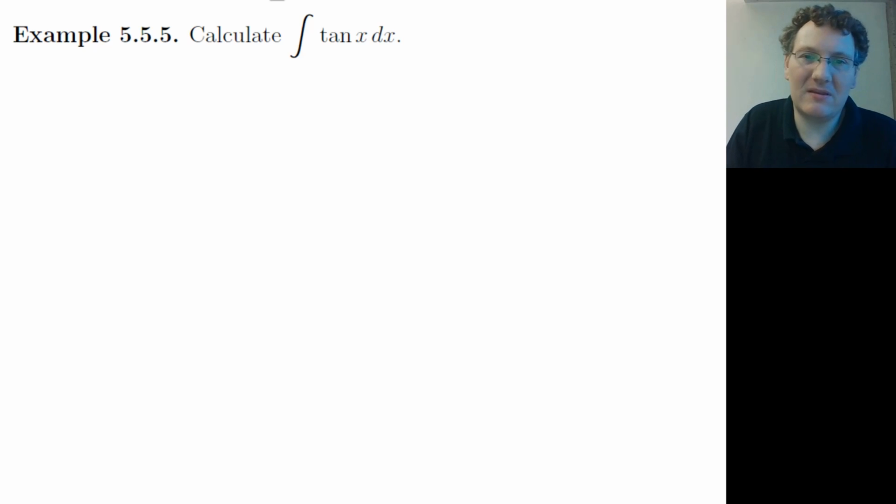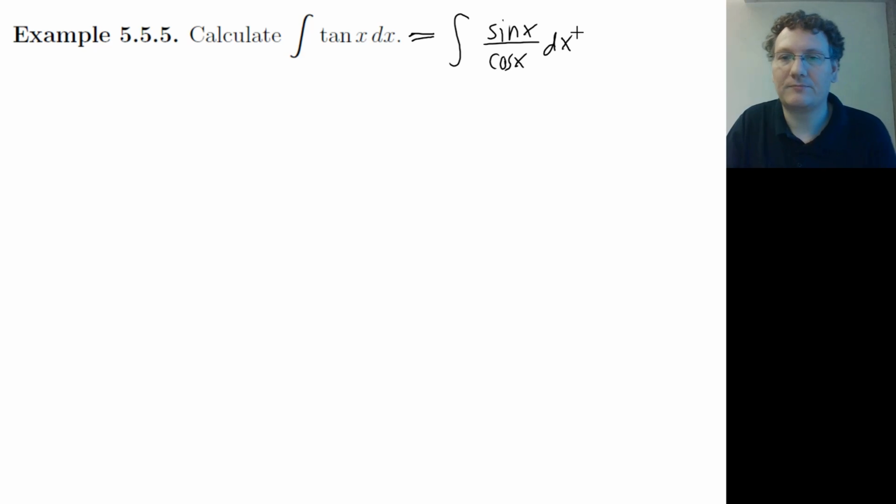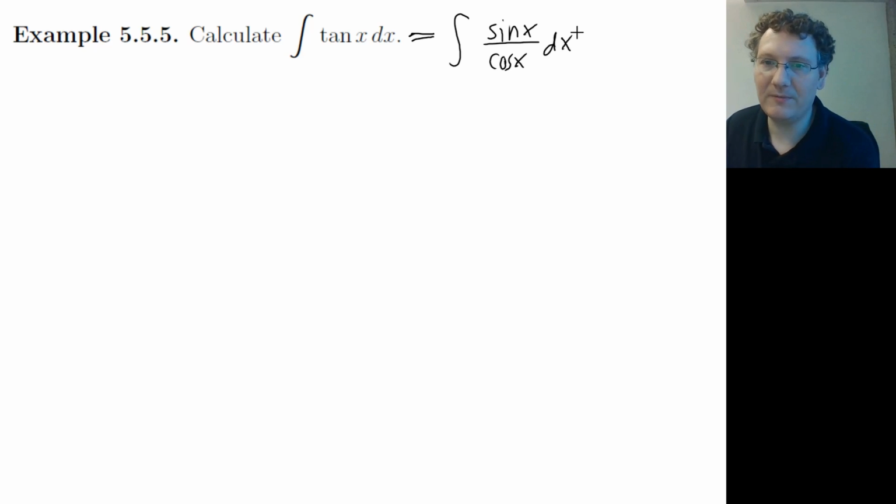Okay, now for tangent, this is something that you could probably look up in a table or something. What's the integral? But what's useful here is to remember that the tangent is the sine of x over the cosine of x. Now, why is this useful?